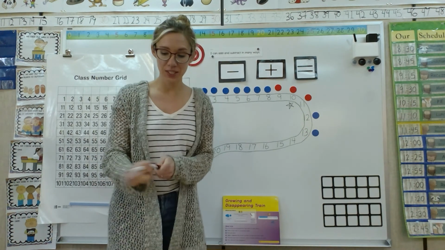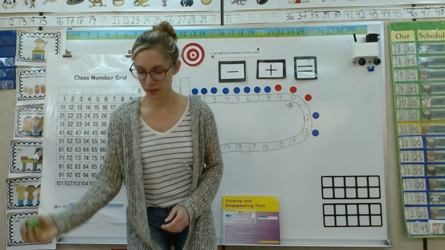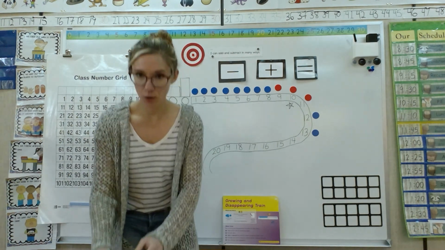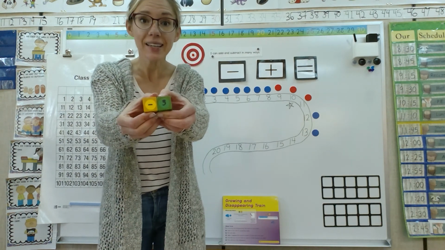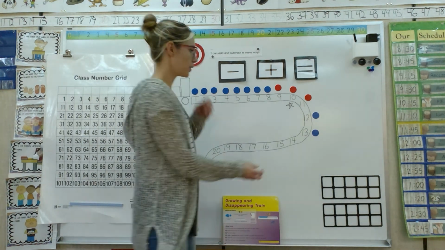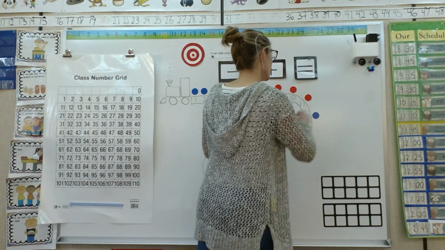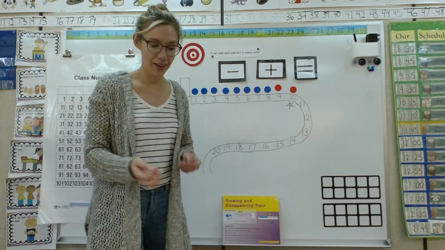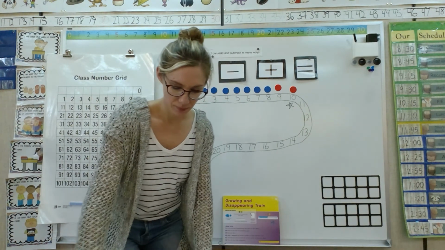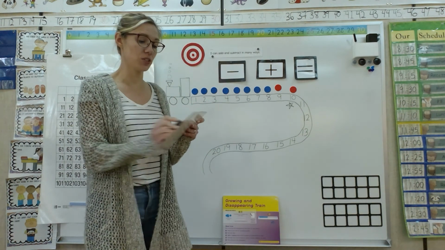All right, here it goes again. Oh, we have minus 3. Oh, now we have to take 1, 2, 3 away. All right, let's write that as a number sentence.